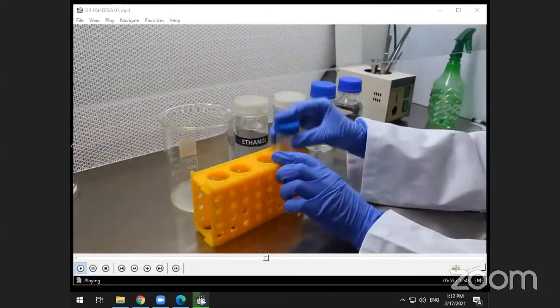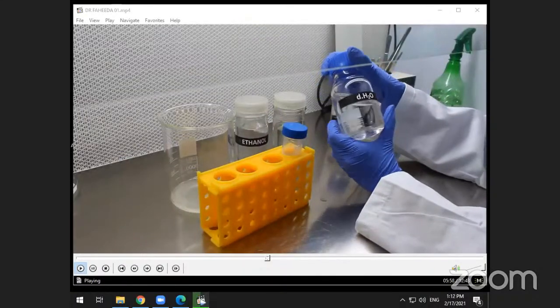After 15 minutes, drain all the liquid in a discarder carefully.